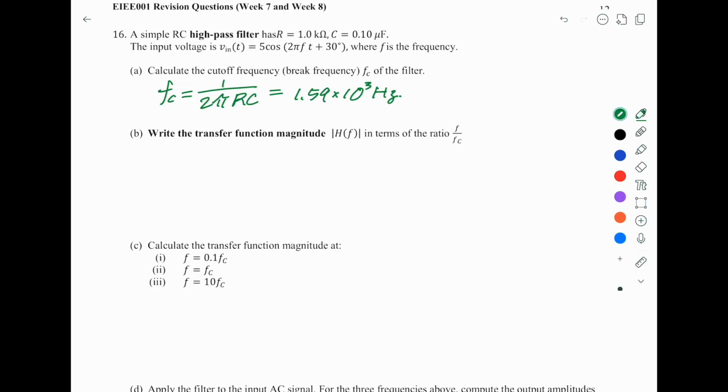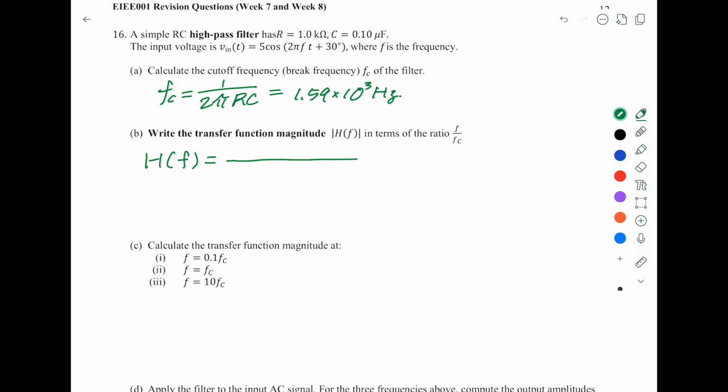Second, write the transfer function magnitude in terms of the ratio of f over fc. So again, you have to look up the given equation, and the magnitude of the transfer function can be written in two parts.